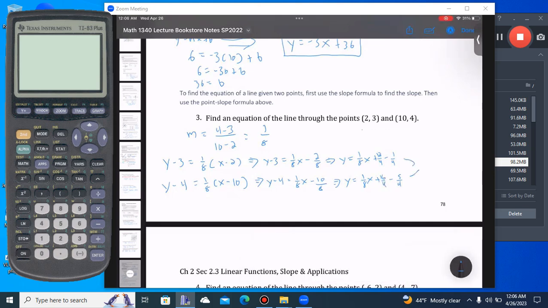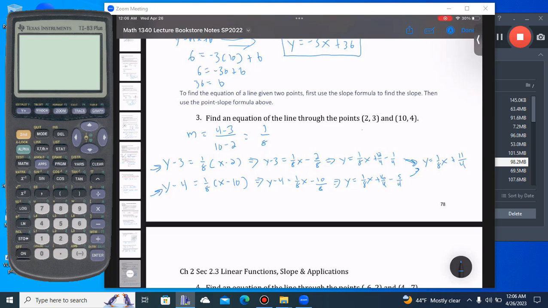Okay. For either case, it becomes y equals 1/8 x plus 11 over 4. Okay, again, it doesn't matter which point you use, you're going to end up with the same equation.